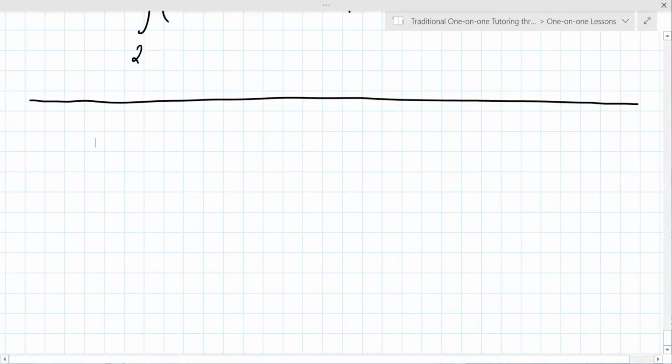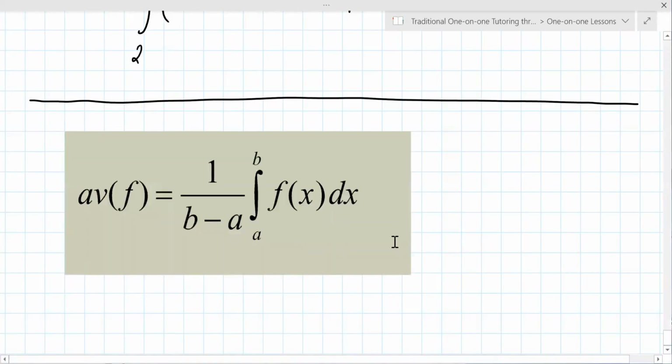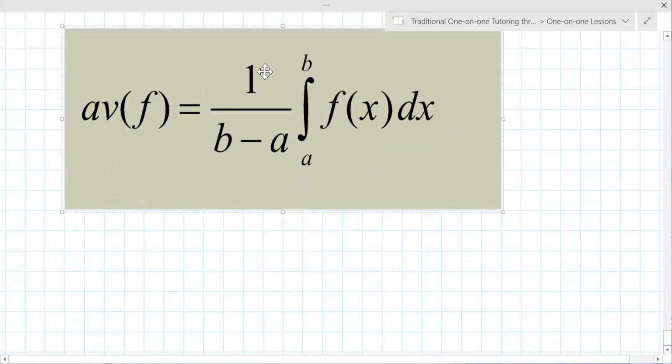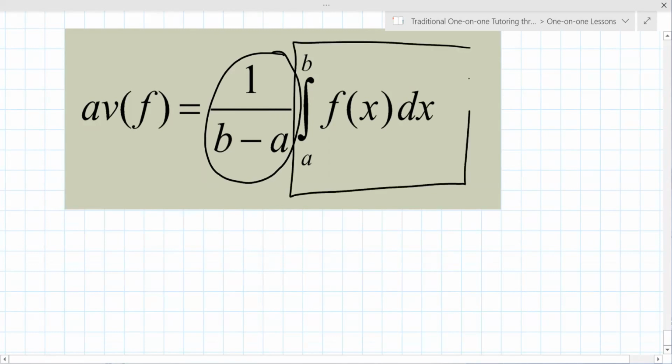I was going to use the calculator to have us do some more integrals, but we'll just briefly talk about what this is. It's the same thing you just did, except there's this extra piece right here. We just covered everything on the right, and then on the left is this extra piece.